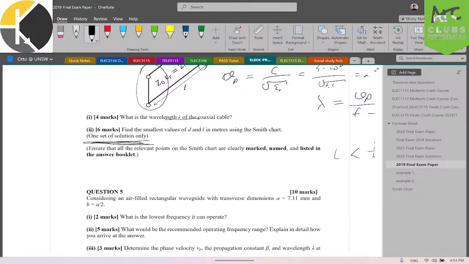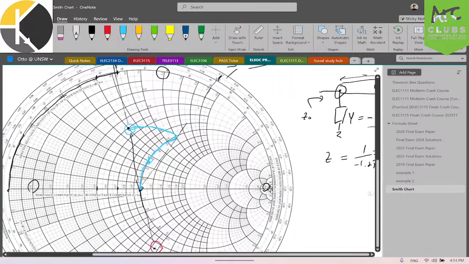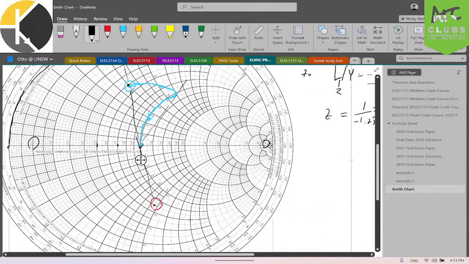In the exam, you should label all the points in the Smith chart and write, this point corresponds to this, this point corresponds to that. Here, for the sake of shortness, I'm not doing that. I probably should. So this is P1.